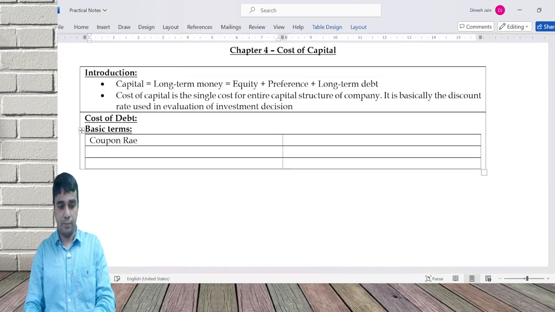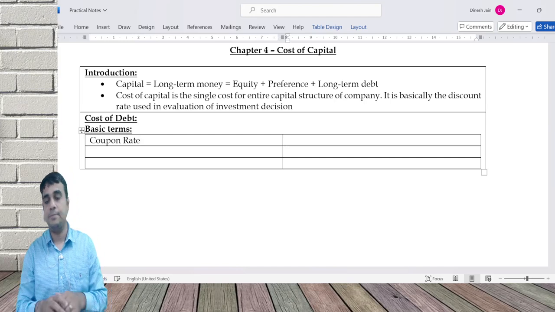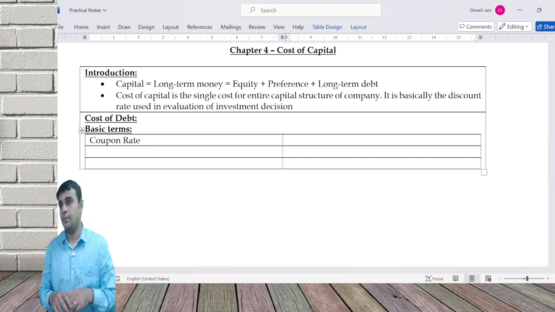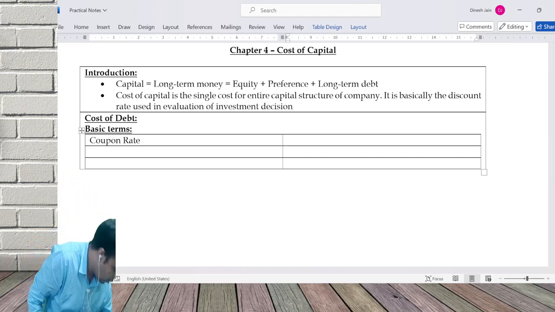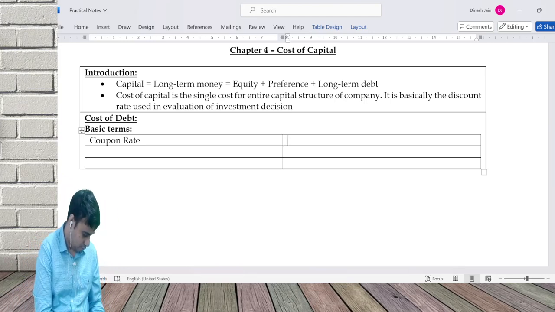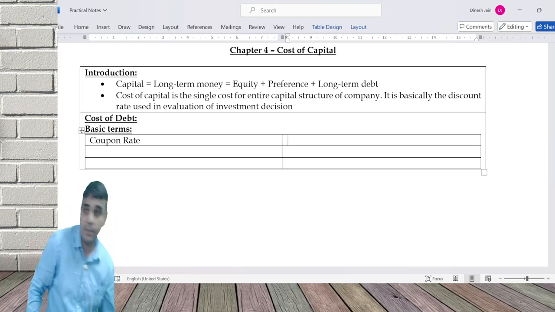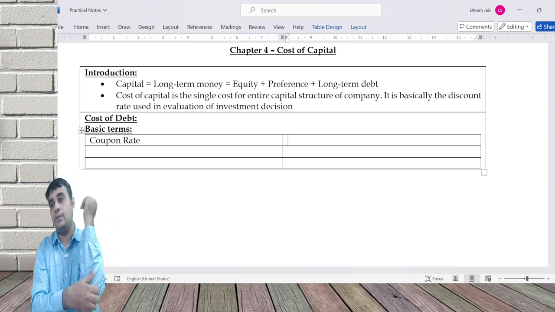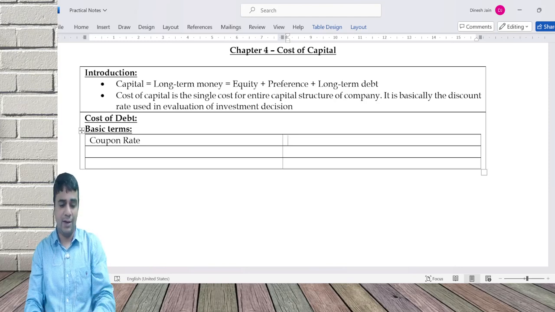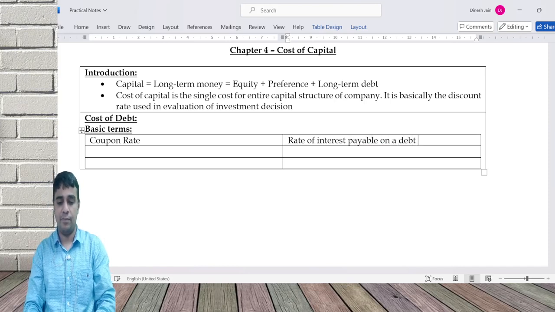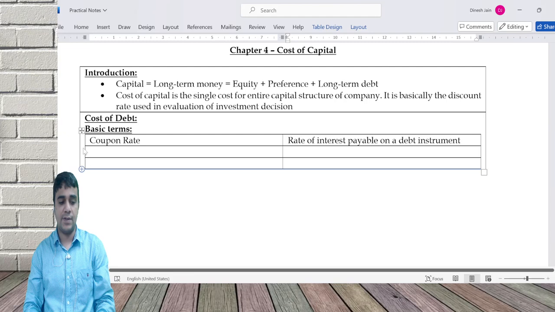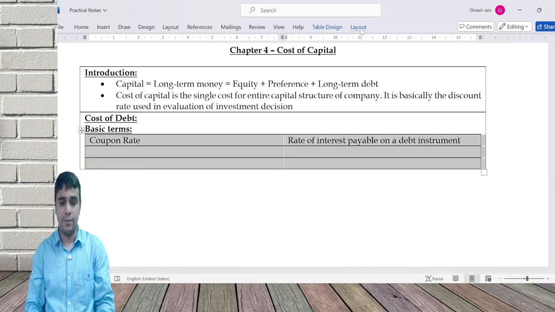Coupon rate. What is the meaning of coupon rate? You could have come across this term. Rate of interest payable on a debt instrument.